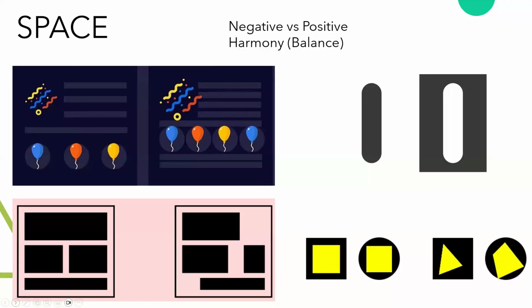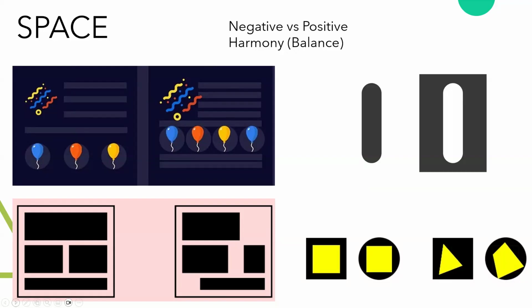You can see that the second one on the right is kind of chaotic, but the first one on the left, you can see it's kind of more mature. The way the space is used is kind of more settled, it's kind of more stable. The other one is looking like it's chaotic, okay? So there's what they call harmony, right?